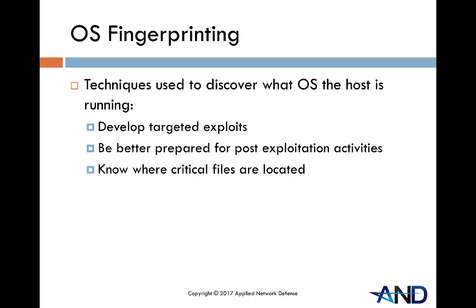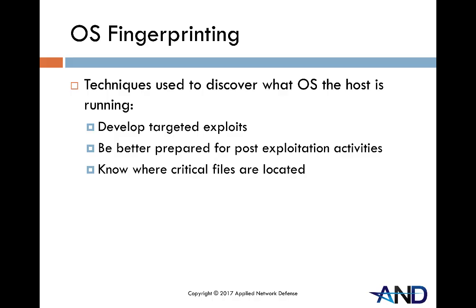You also, as an attacker, need to be better prepared for post-exploitation activities. So once you've compromised a system and have access to it, you may need to deploy some additional software on that system, maybe a backdoor, maybe a rootkit. And when you do things like install rootkits, you really want to be careful to install the right architecture software, or you might crash the system or have some other adverse effect which actually ruins access as an attacker.